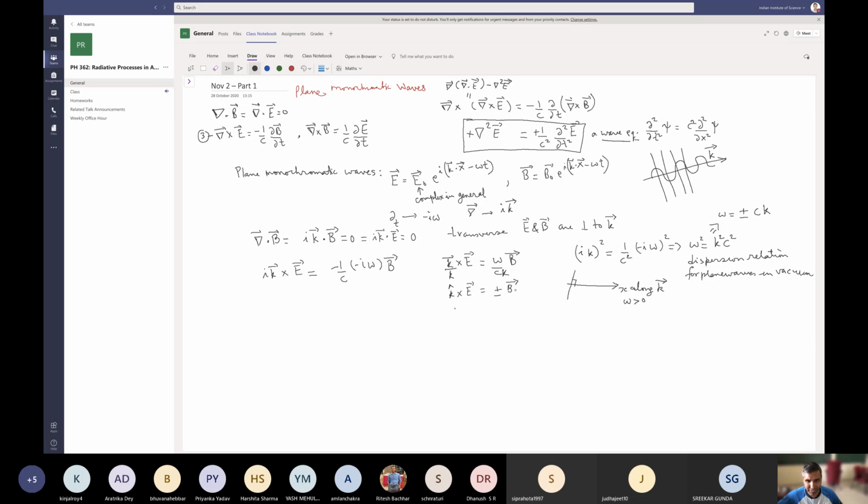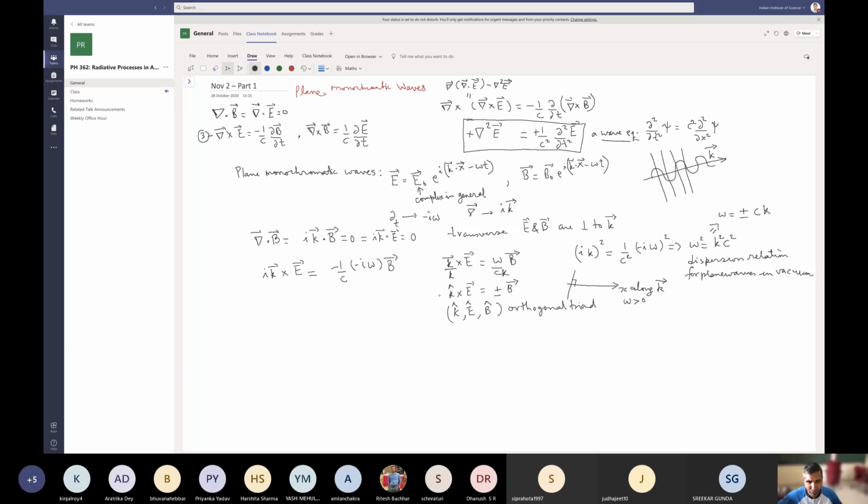So it's like x, y, z. This is an orthogonal triad, k hat, E hat, B hat, like x, y, z. So k is perpendicular to both E and B, all three are perpendicular to each other, and they are like your x, y, and z hats in standard Cartesian coordinates.